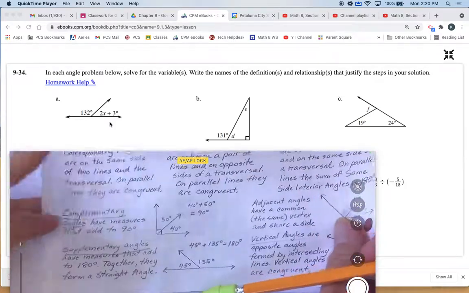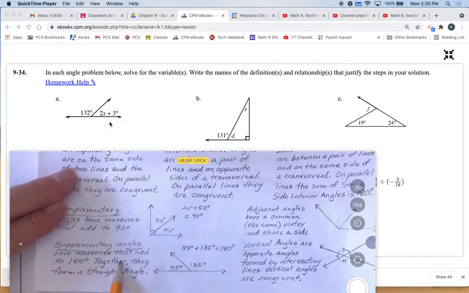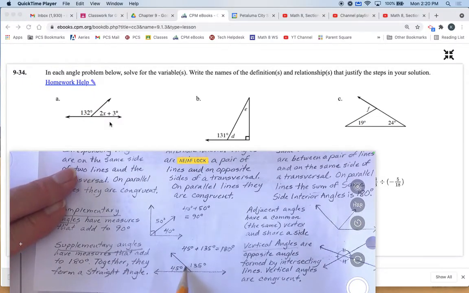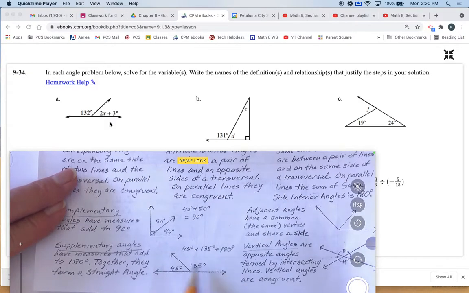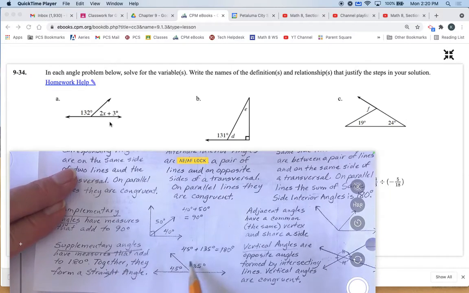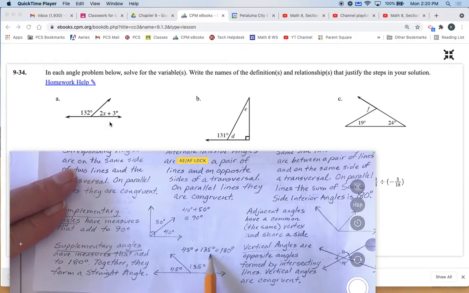If we have supplementary angles, so these are two angles that combined together make a straight line, then when I add these two angles together, they make 180 degrees. So the measurement of two supplementary angles added together is equal to 180 degrees.